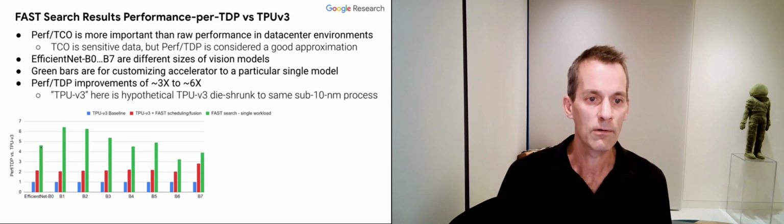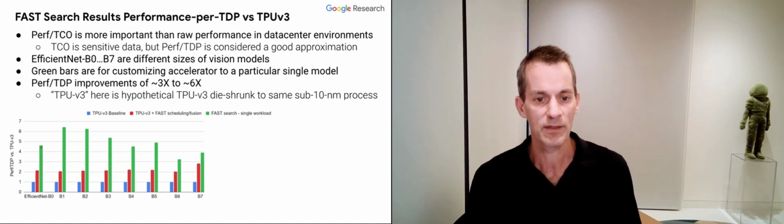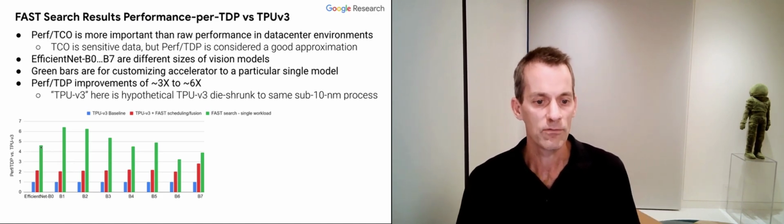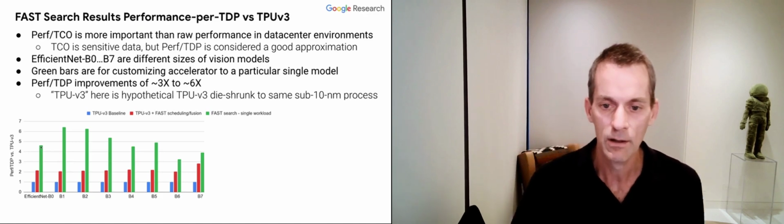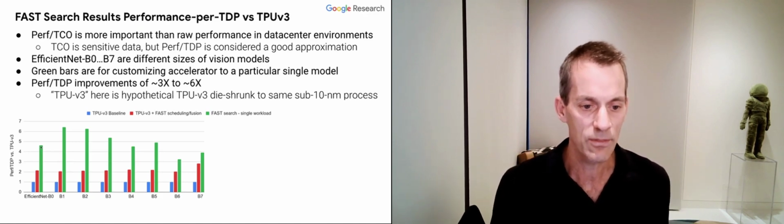And so what I'm going to show is a series of graphs that compare the search in the green for a single workload, so a particular kind of neural network, relative to a TPU v3 baseline in blue.